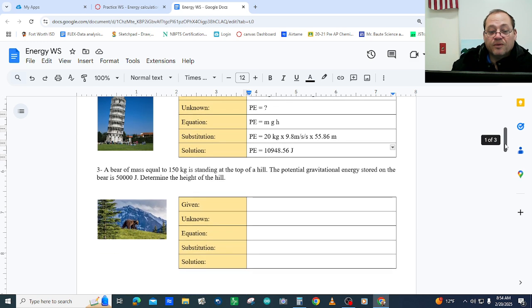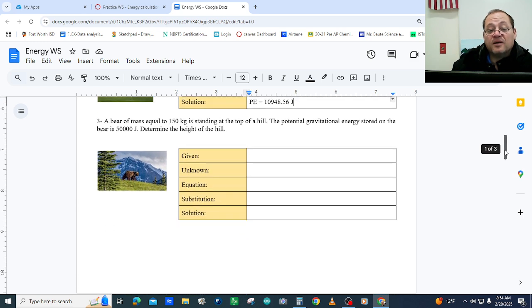And let's go over number three. Number three says a bear of mass equal to 150 kilograms is standing at the top of a hill. The potential gravitational energy stored on the bear is 50,000 joules. Determine the height of the hill. Okay, let's write down the givens. The mass of the bear is 150 kilograms. It's a big bear.